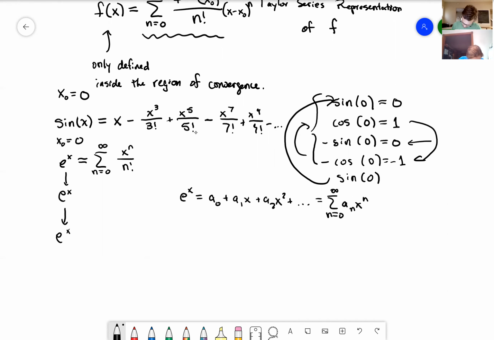And then we say it's equal to its derivative. So if we take the derivative of the power series, what do we get? We get a1 plus 2a2x plus 3a3x squared plus and so on, which is equal to the sum from n equals 1 to infinity of n a n x to the n minus 1.